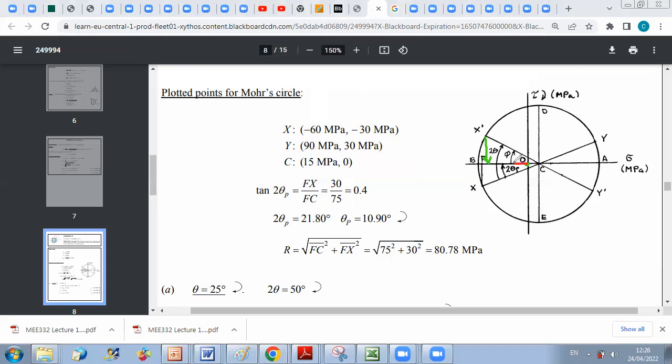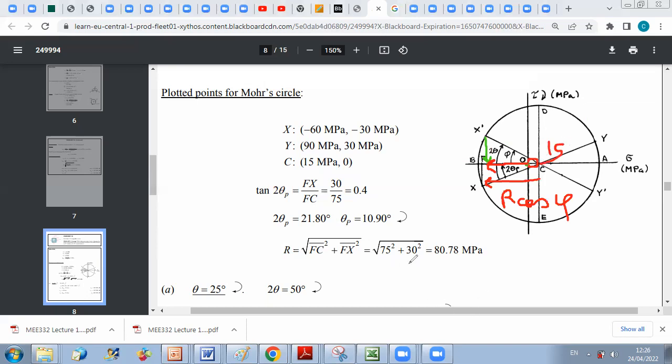It's minus this distance. And this distance is the difference between the distance from C to this point, which is r cosine phi, minus this distance OC. The distance from O to C is 15.